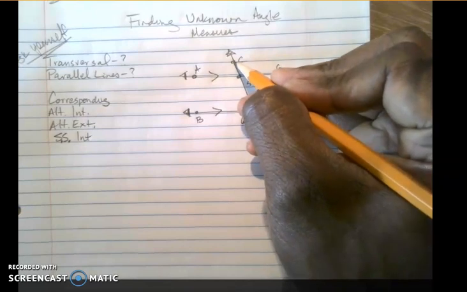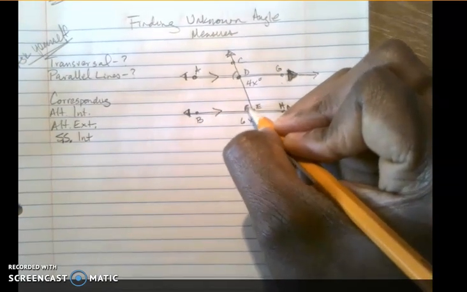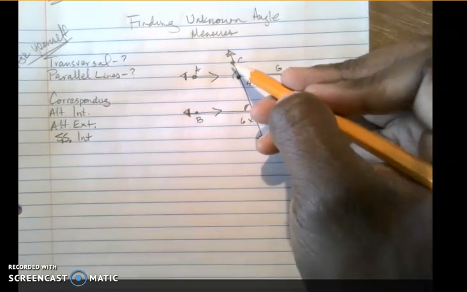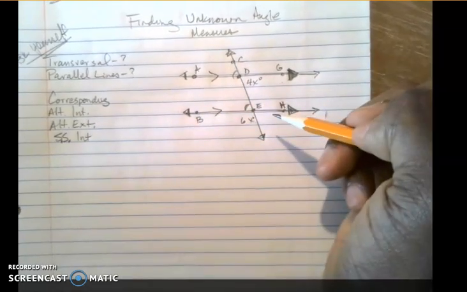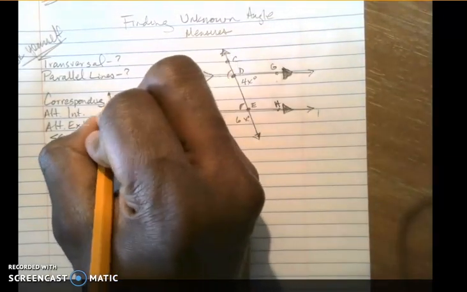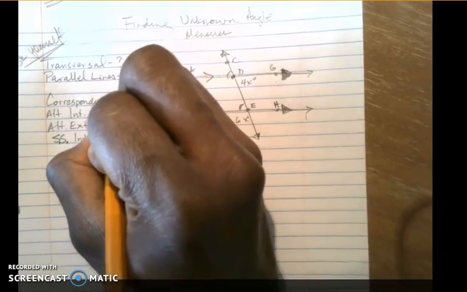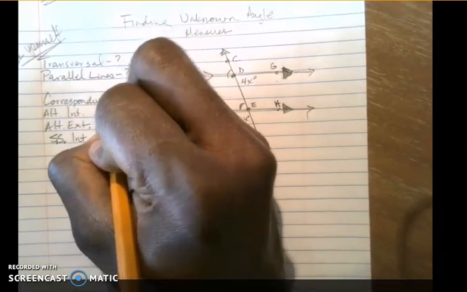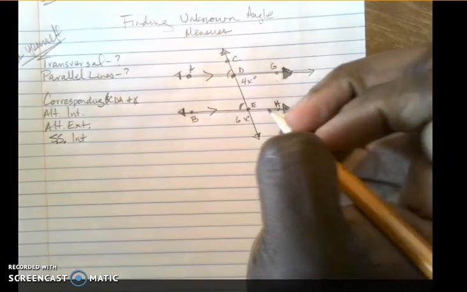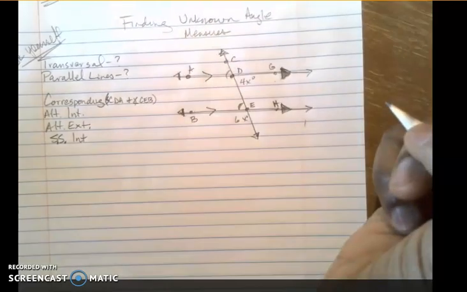I'm going to say that angle CDA and angle CEB. Now, I could have said DEB just as easily, but I just chose CDA. Remember, this is whatever you like, corresponding.